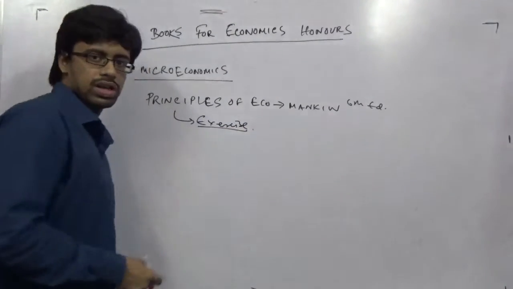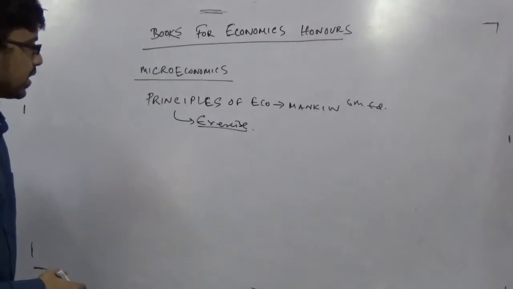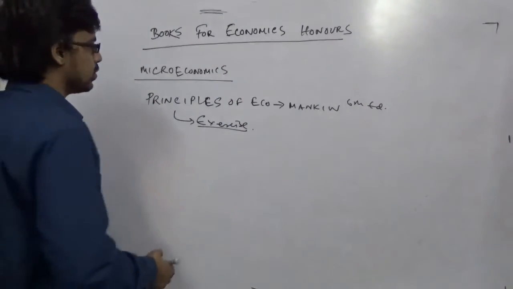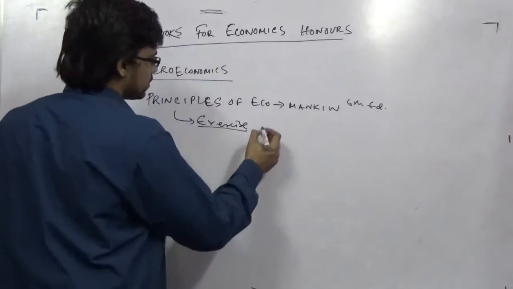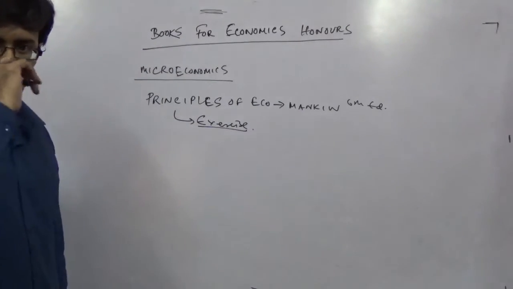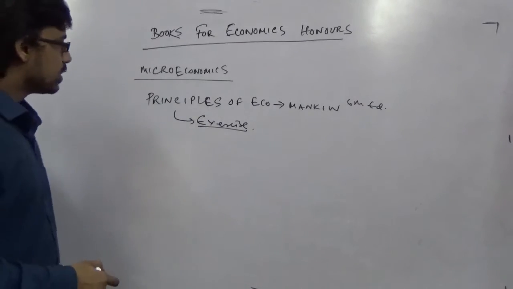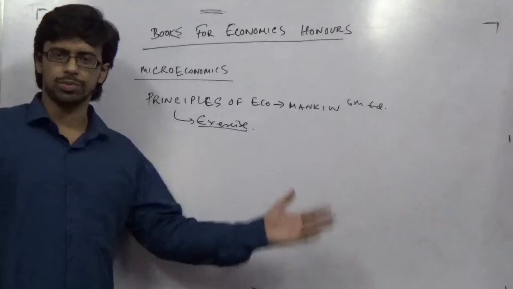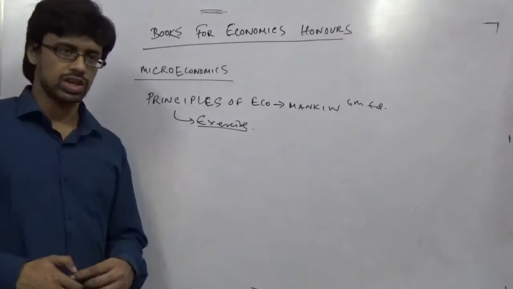You need to solve all the exercises, okay? But the reading part is not that elaborately provided. This Principles of Economics book covers micro, and it is also referred to in the macroeconomics section as well, because it has two parts for the 36 chapters. The first 22 are dedicated to this, and the next 14 chapters are dedicated to the macroeconomics section.